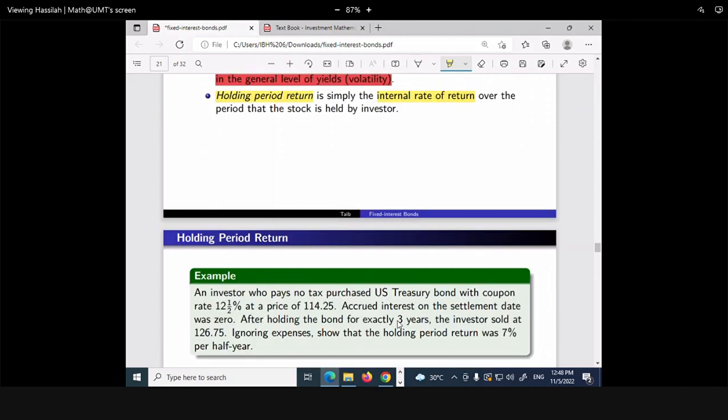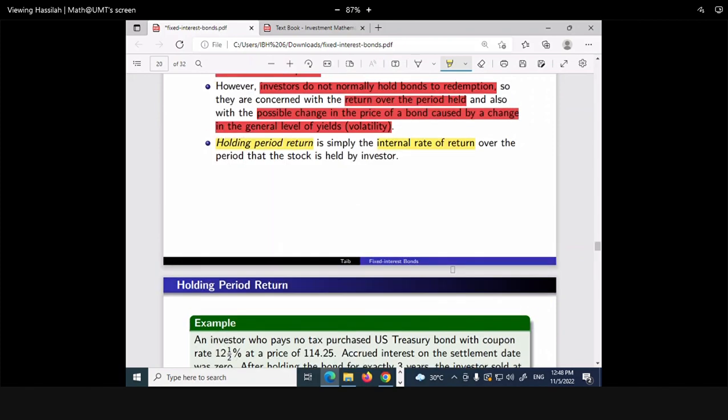Okay, so let's see an example. Internal rate of return, you macam pernah dengar kan? Kita belajar dalam chapter 1 pun ada internal rate of return. Kalau boleh ingat, kita belajar tentang net present value, project assessment ataupun project valuation.